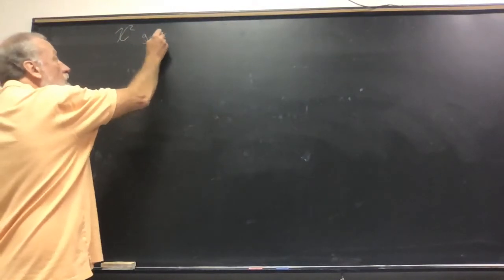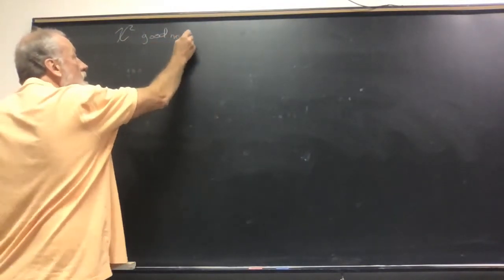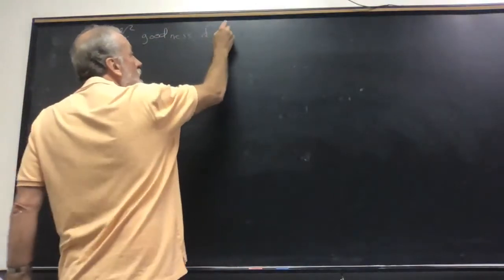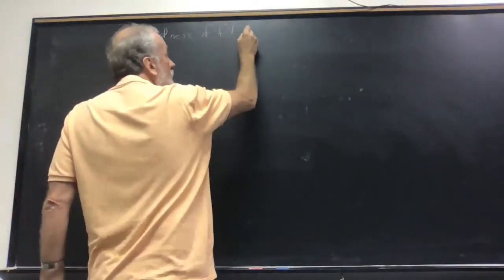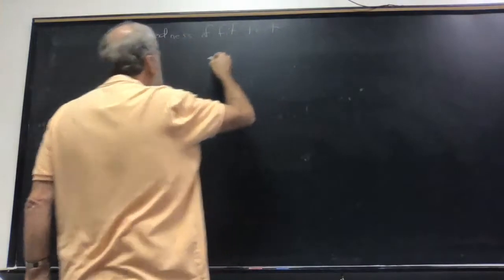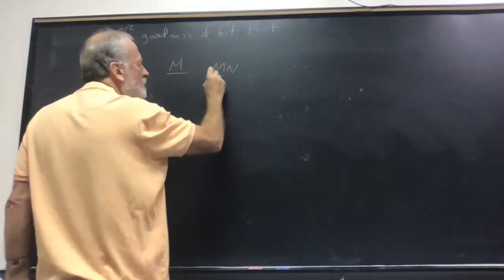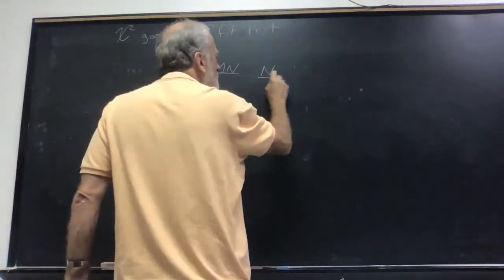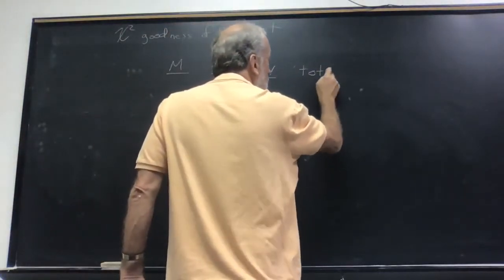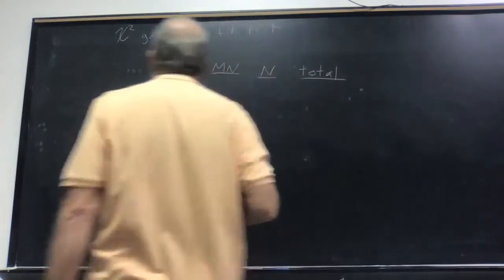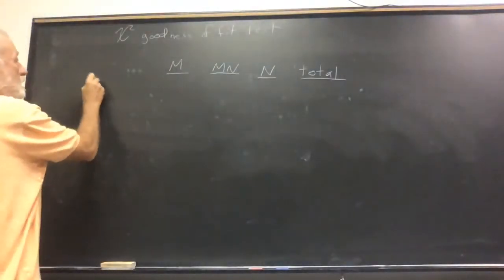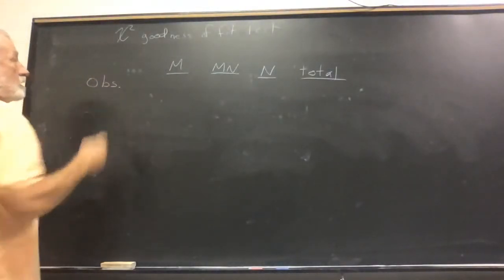And chi-square goodness of fit test. And we'll have our phenotypes up here. Columns. So observed.